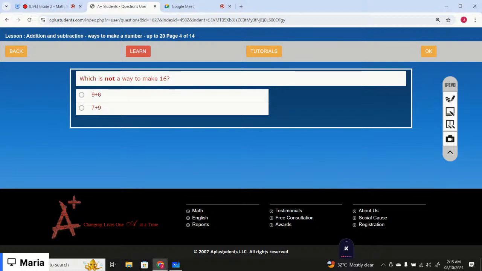Which is not a way to make 18, which is the correct option?